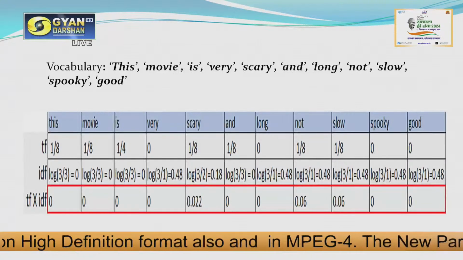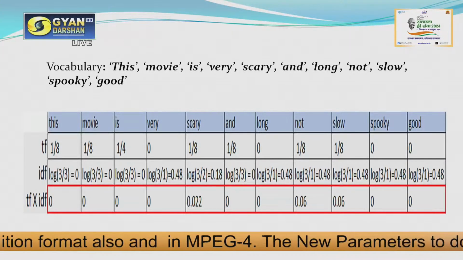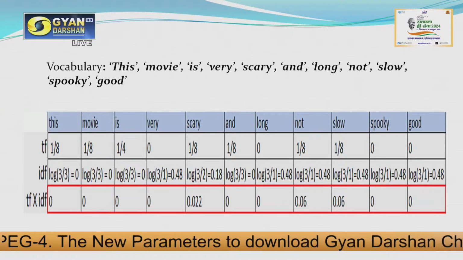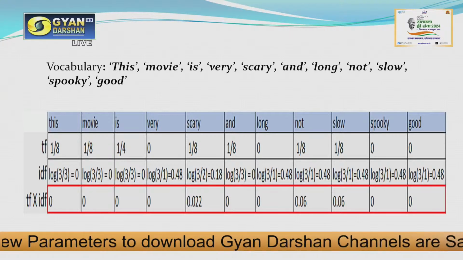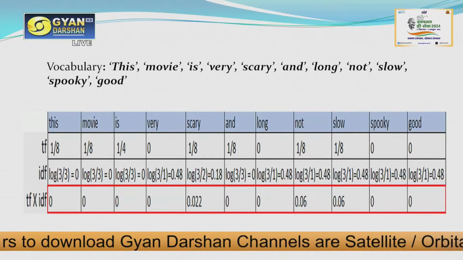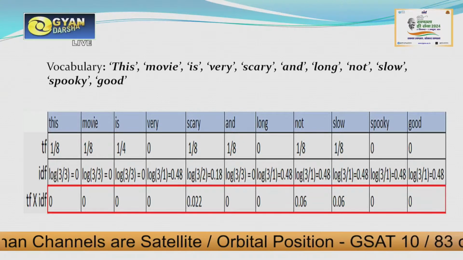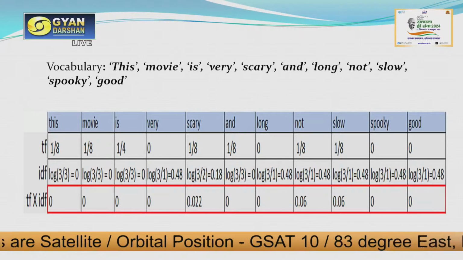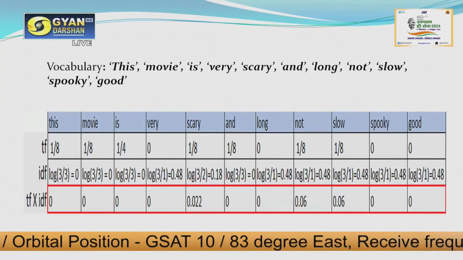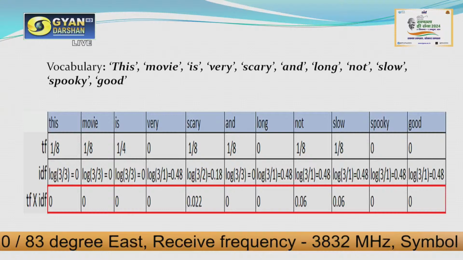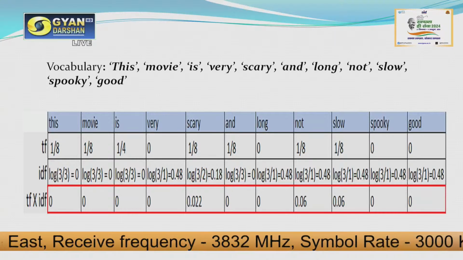So here you can see this particular illustration shows the complete 3 documents. Here the vocabulary is once again of length 11, all the terms I had represented over there, and for each and every document I am calculating the TF for each term, and for each word I am calculating the IDF, and then we are calculating the TF into IDF.